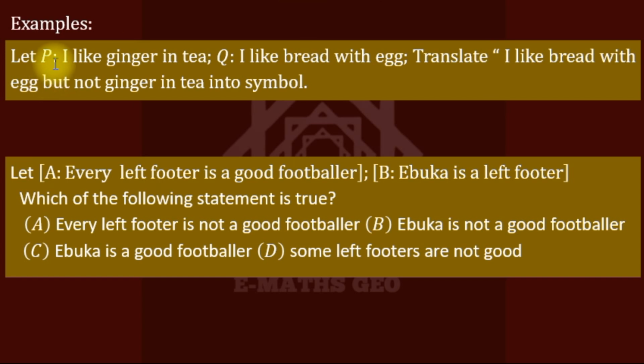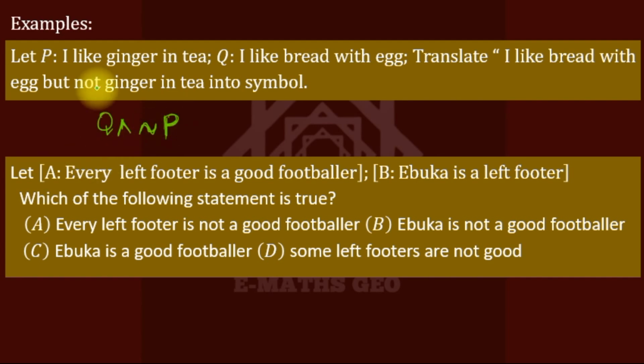The first statement is P, which is I like ginger, while the second one is I like bread with egg, which will be Q. And then the negation, that's the opposite of I like ginger in tea.